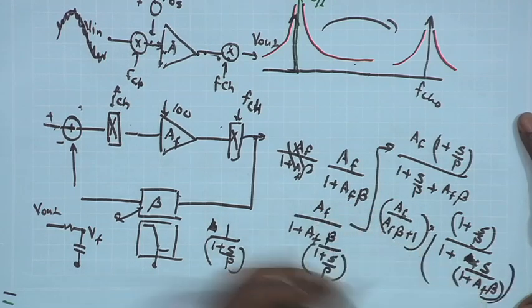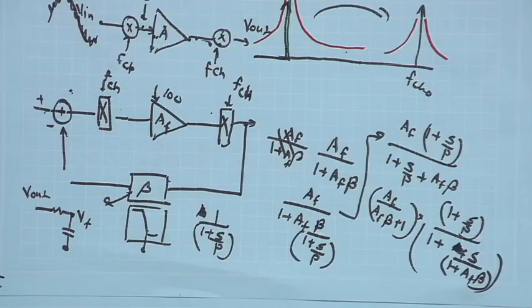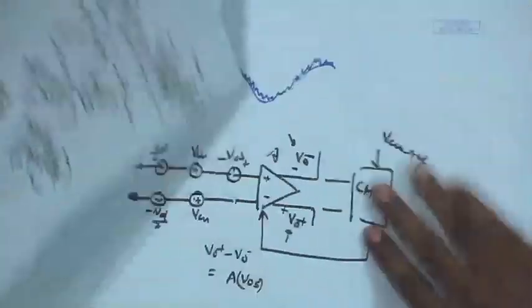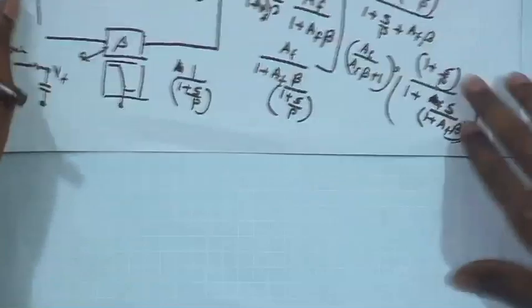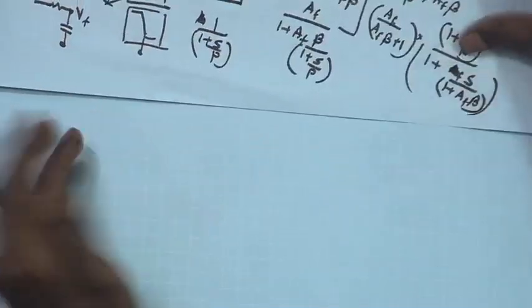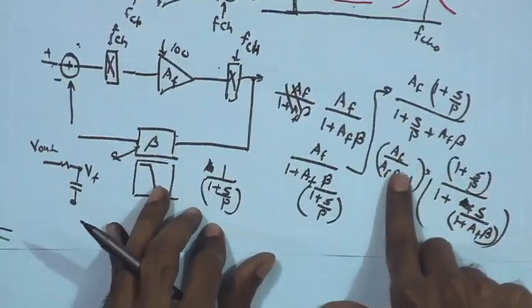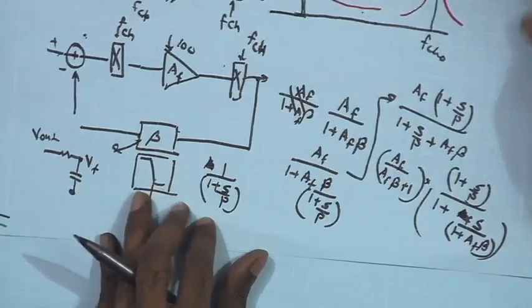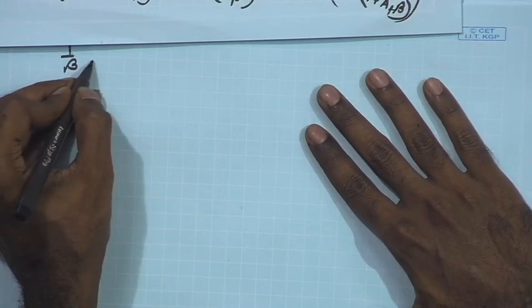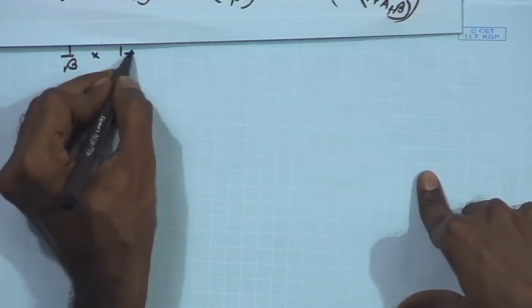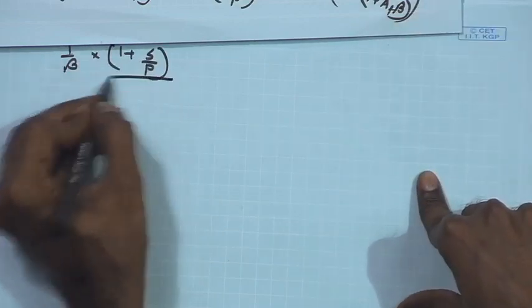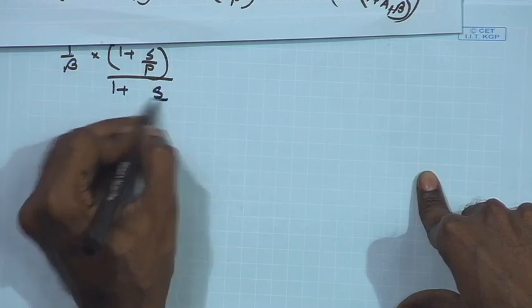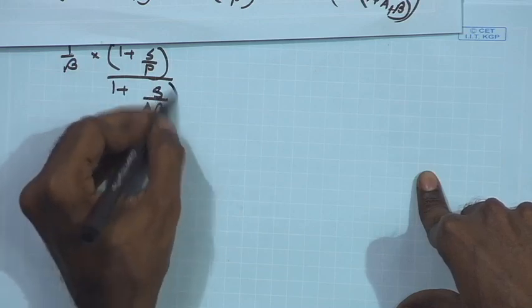And if I assume that AF beta is much greater than 1, I can approximate it as follows. The first term is just reduced to 1 upon beta, and the second term you have 1 plus s upon p, and you have 1 plus s upon AF beta p.